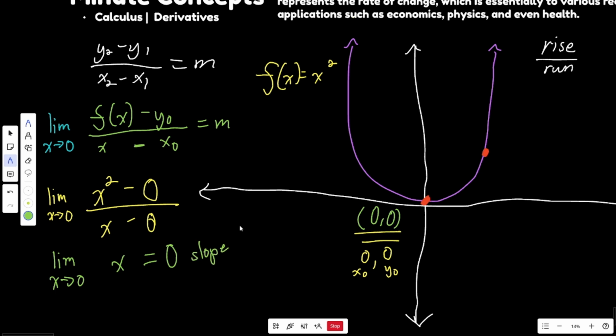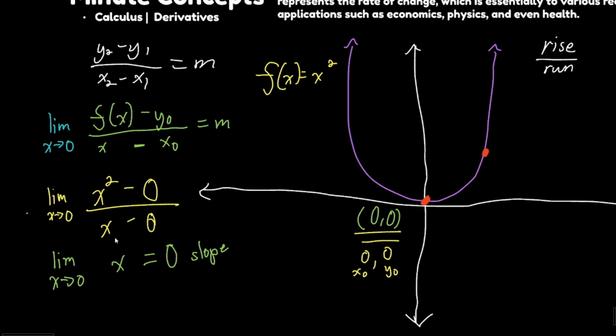Now, what is the significance of a zero slope? A zero slope shows that there is no change or there is a minimum or a maximum. More on that later. Basically, what we just found is the point where there is no change. It's essentially like your reference point.